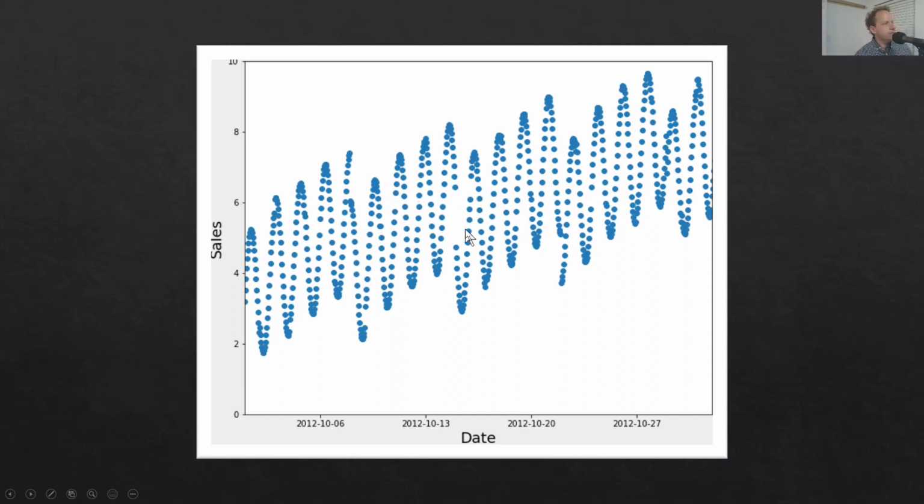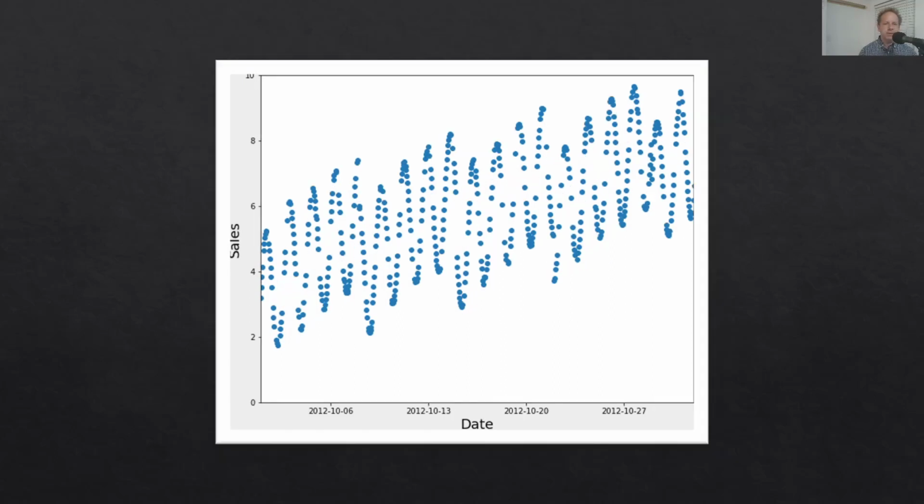Now, if you just say, okay, fastai, I want to model that, I want to create my data loader using a valid percent of 0.2, it would do this. It would delete randomly some of the dots, right? Now, this isn't very helpful because we can still cheat because these dots are right in the middle of other dots. And this isn't what would happen in practice.